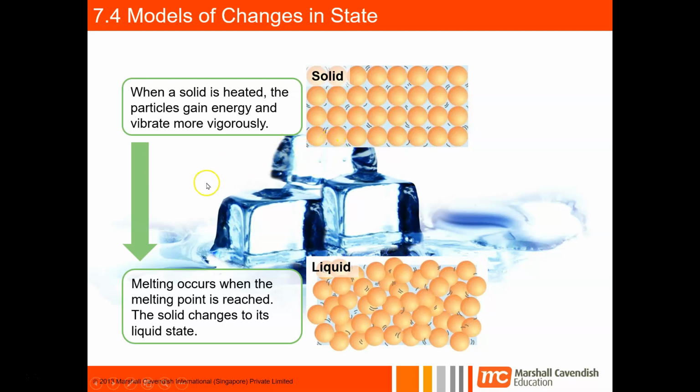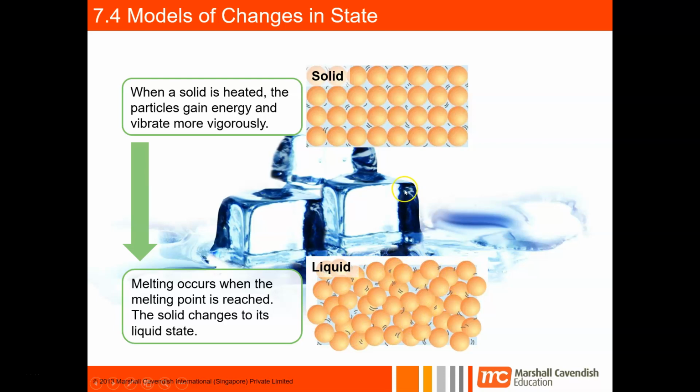So when the particle is heated up, the heat energy comes in and it starts to disrupt the bonds. And when enough energy has finally broken the bond, then the solid would change into a liquid state, and therefore we see a liquid.